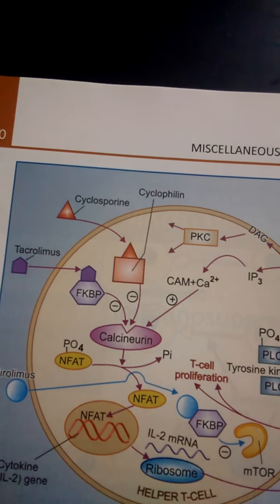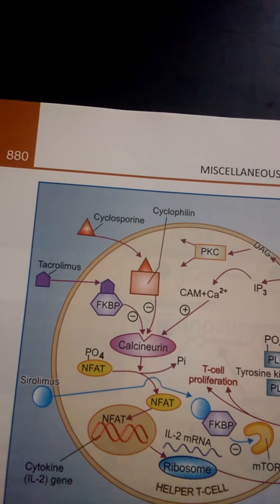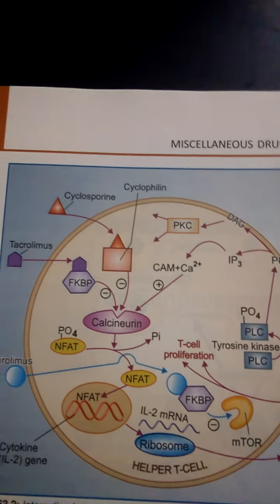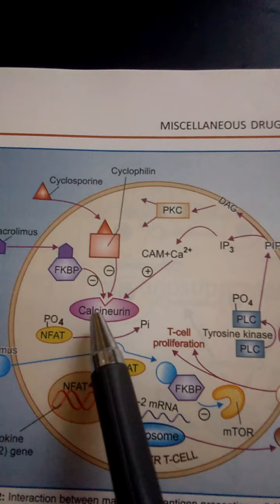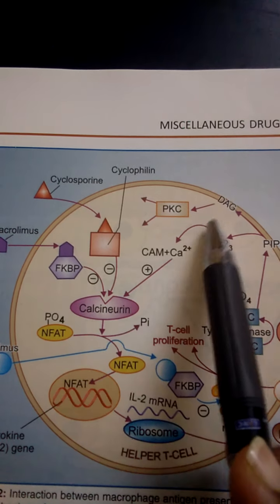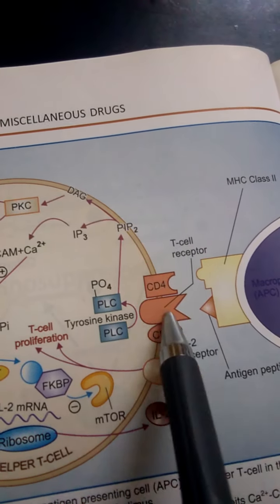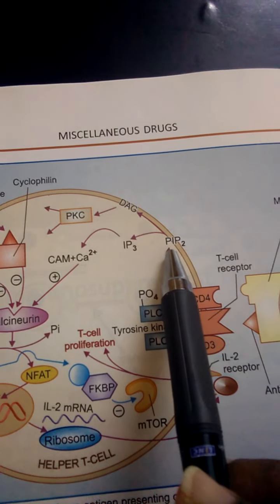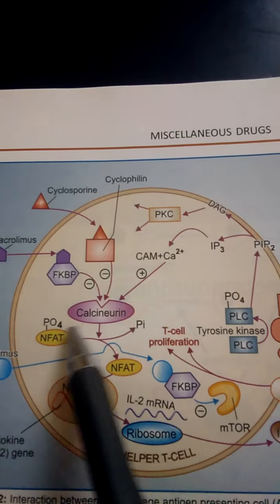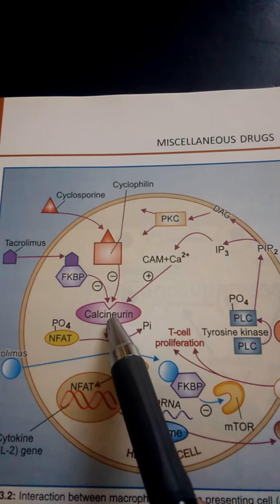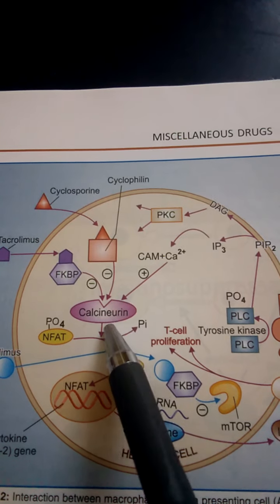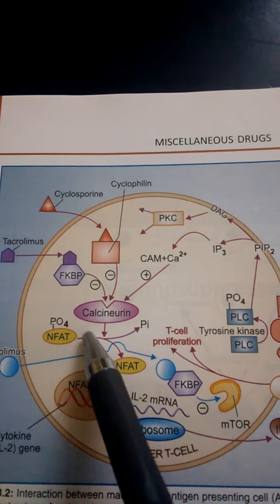Calcineurin is a protein present inside the cell. It gets stimulated by the calcium ions obtained through the stimulation of the T lymphocytes via the DAG pathway or the IP3 pathway. After activation of calcineurin by calcium ions, the calcineurin dephosphorylates.